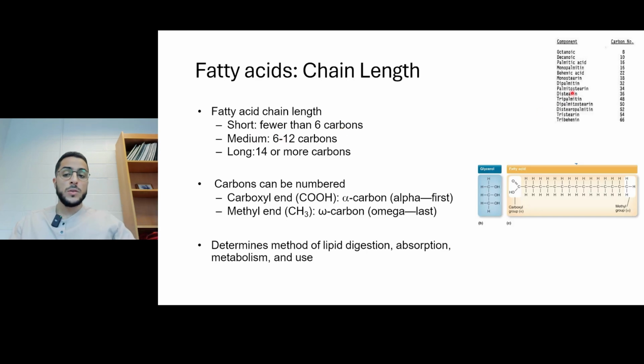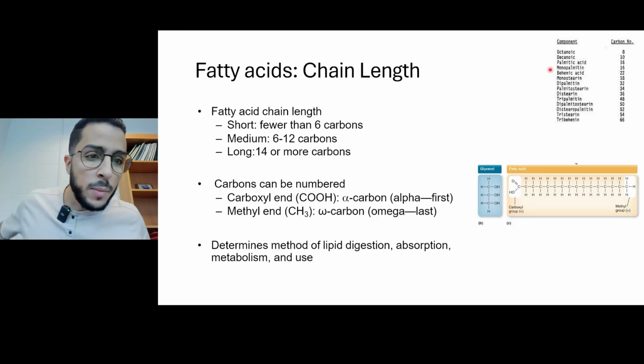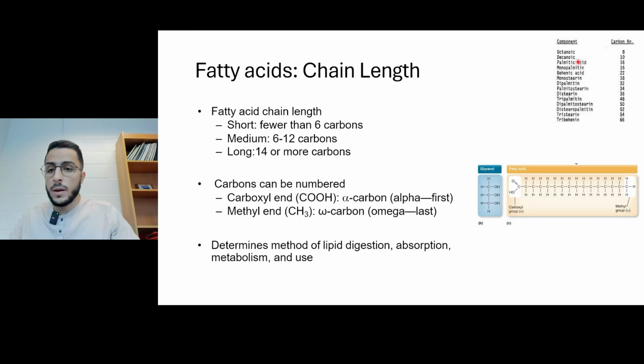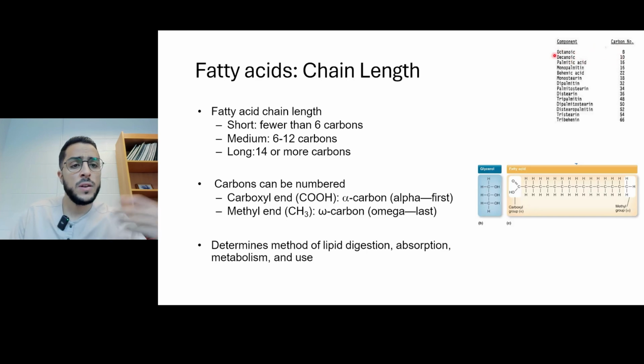Okay, so the way you name them is usually based on the number of carbons. For example, octanoic fatty acid is an 8 carbon, octa for 8. Decanoic is 10, and some of them have other names or special names because of their origin.